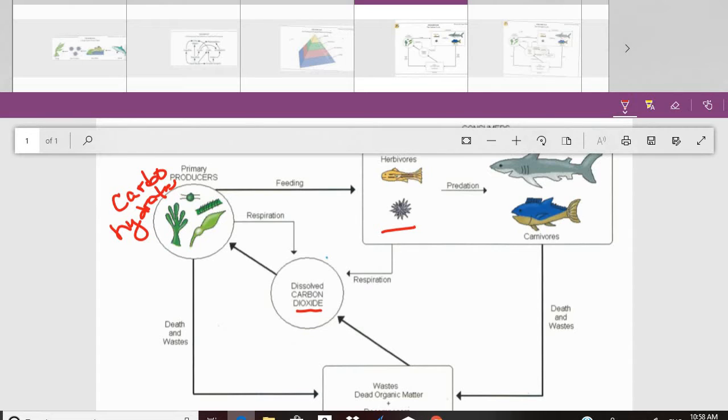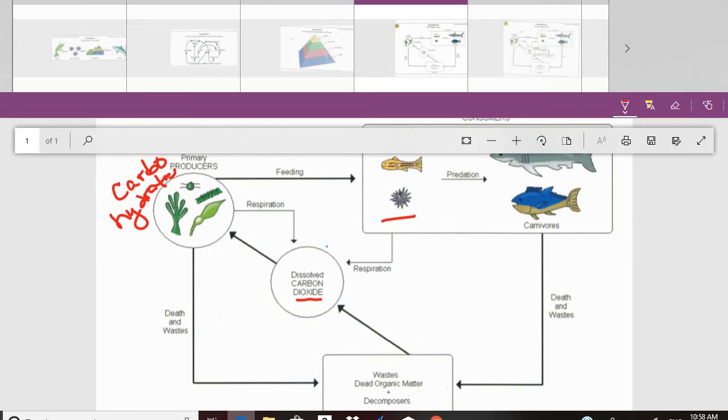And then these animals are going to excrete waste, or they're going to die. And then that gives us waste and dead organic matter. Well, then the decomposers come in, and through the process of decomposition you get the carbon dioxide back, and the whole thing starts again.